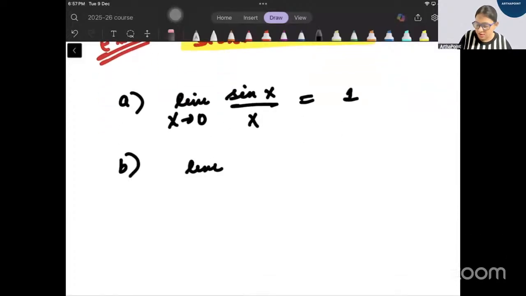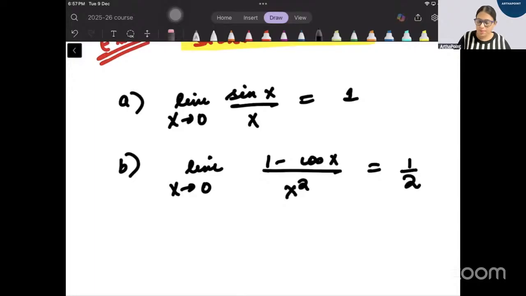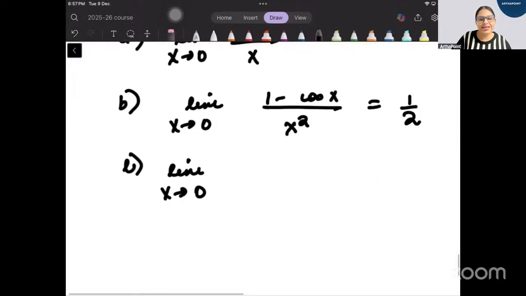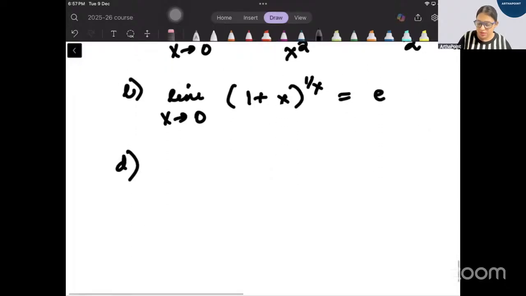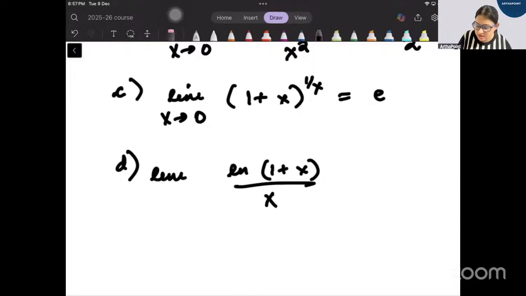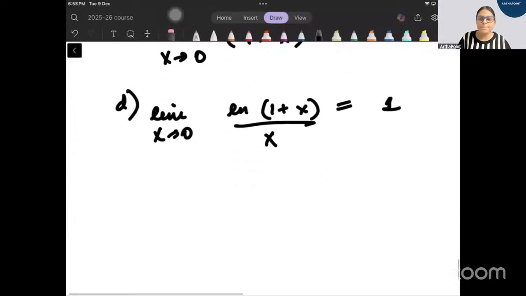Then limit x tends to 0, 1 minus cos x by x square is half. Then limit x tends to 0, 1 plus x to the power 1 by x is e. Then ln 1 plus x by x, limit x tends to 0 is 1.